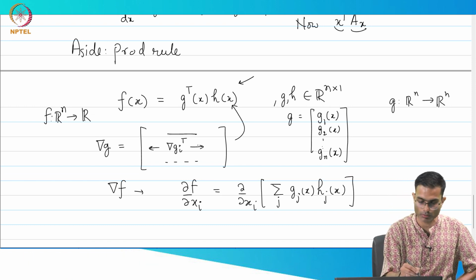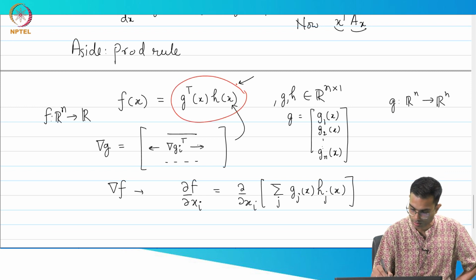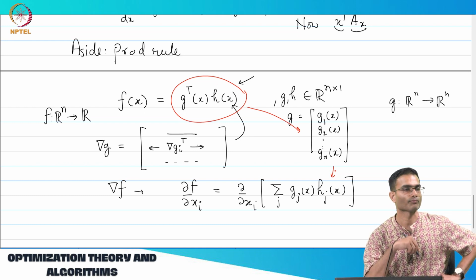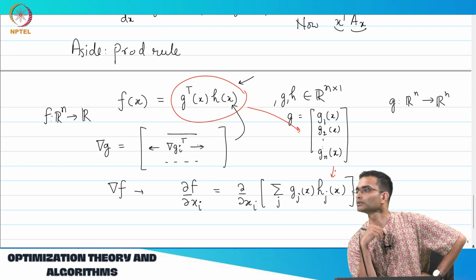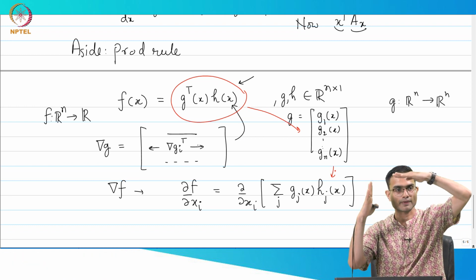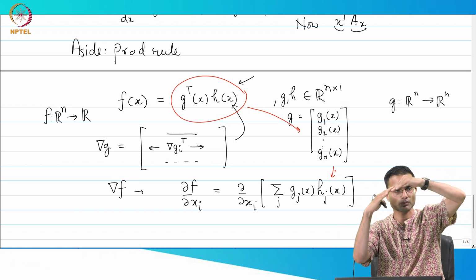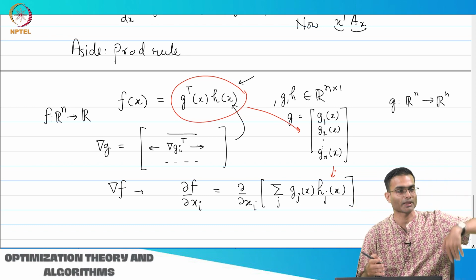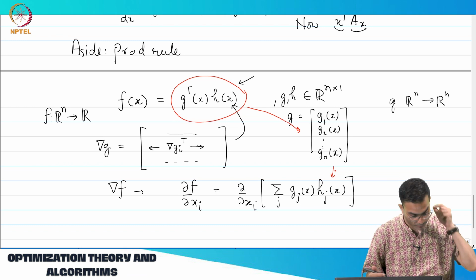I am just writing out using this and this, that is all I have done. I have n components of G in a row vector, I have n components of H in a row vector, they are multiplied into each other and we have a scalar, and I am taking the partial derivative with respect to xi.